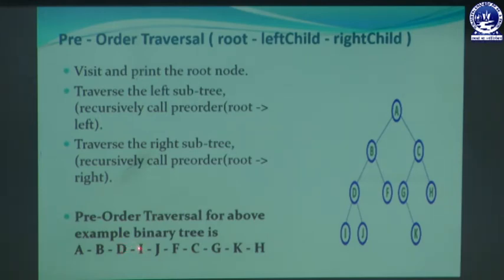After visiting I, there is no node in the left subtree. Then we go for the right subtree for the node D, and in the right subtree, the node J is present.